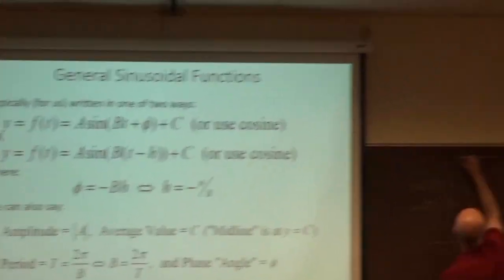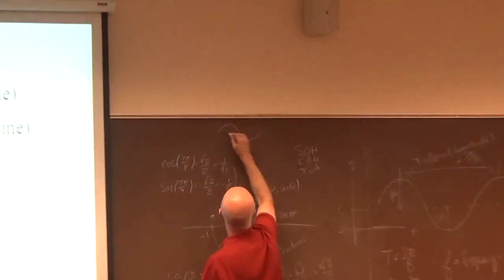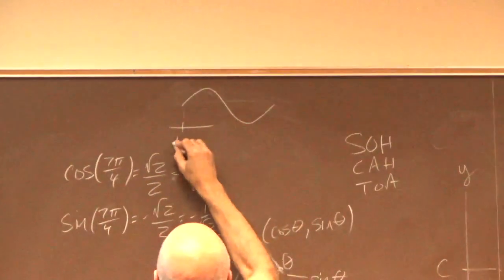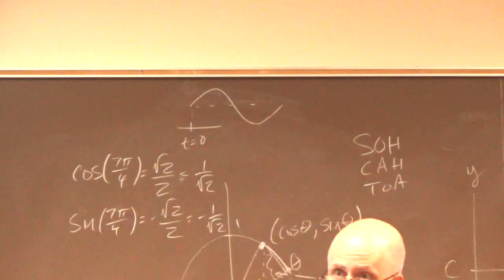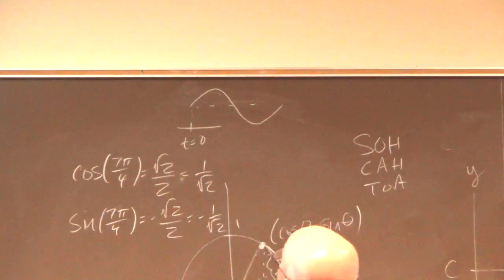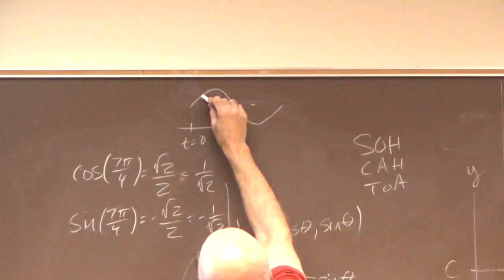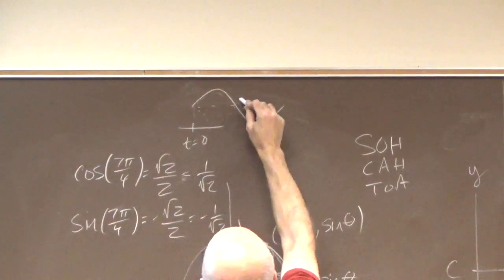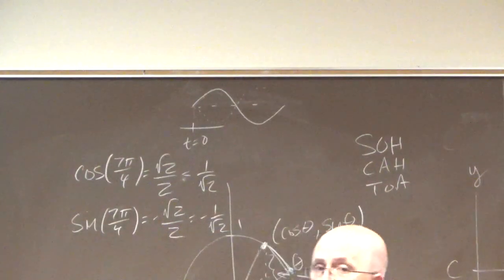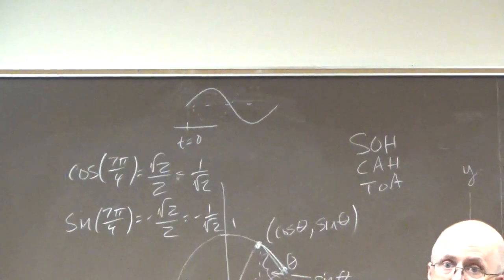Let me just verbally tell you, if the graph starts at its midline at t equals 0, then you should use a sine, not a cosine, and a positive A if it starts by going up. If it starts by going down instead of up, then use a negative value of A. Remember, it's the absolute value of A that's the amplitude.